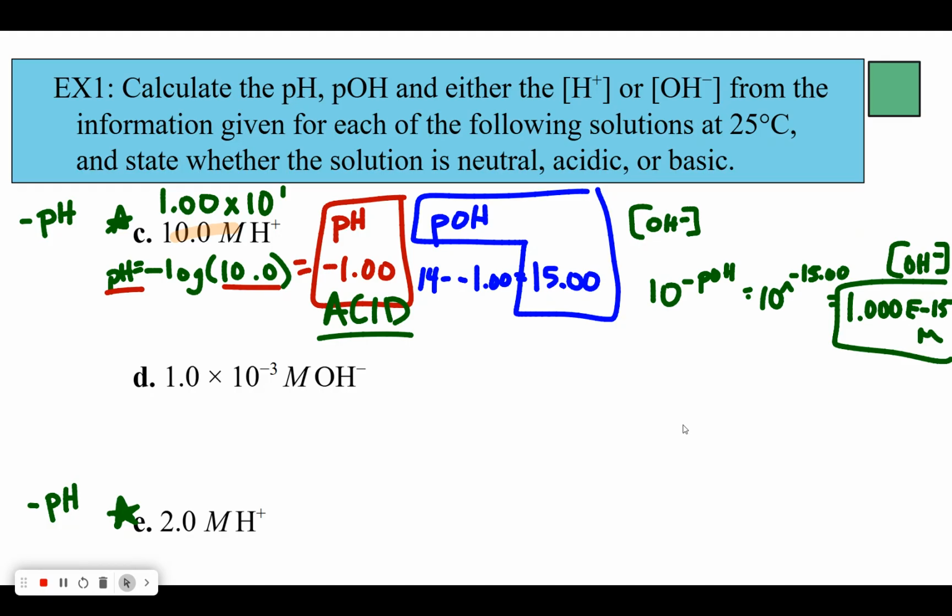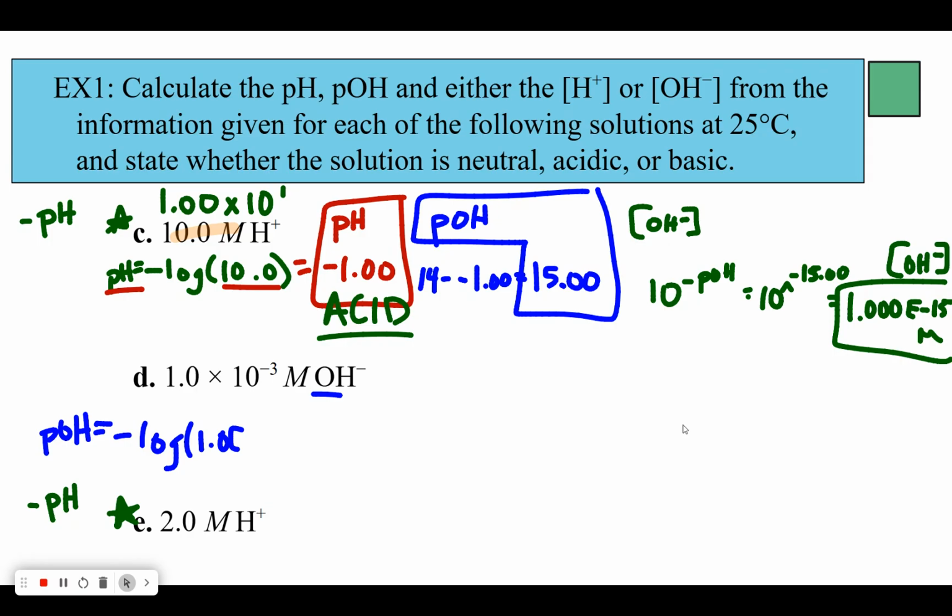And now let's finish out these calculations and not forget to classify each of these before we move on. So for part D, I have an OH concentration, which means when I start taking my negative log here, I'm going to be finding my pOH.